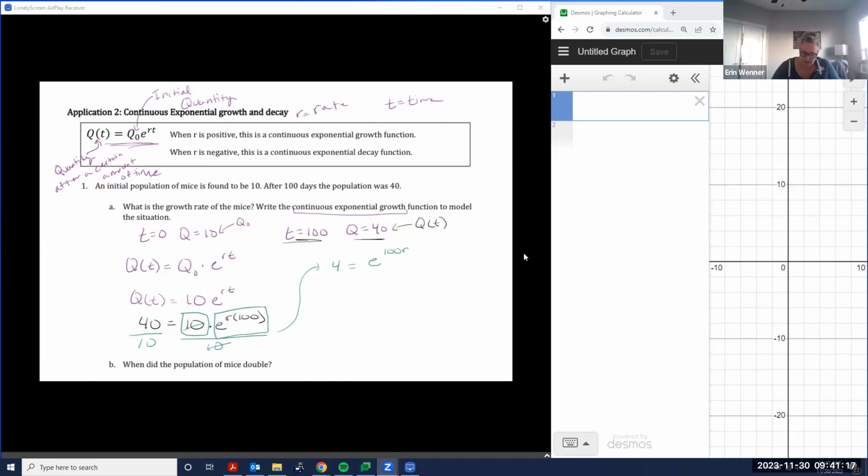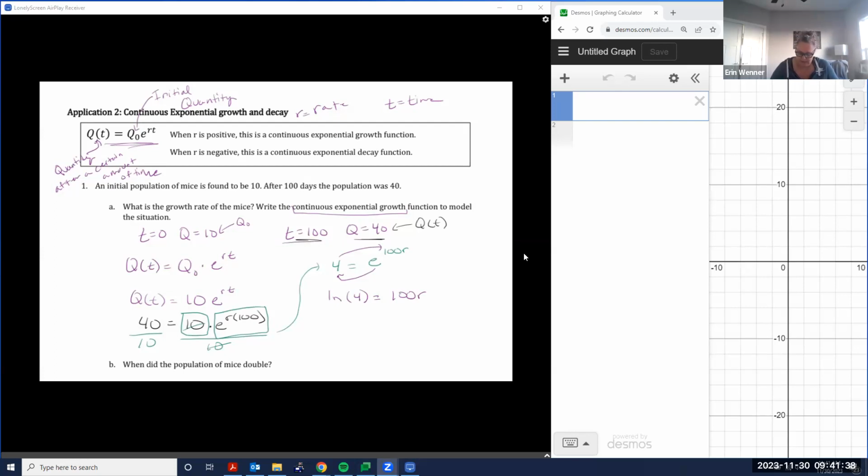Since we have e, we can say the natural log of 4 is equal to 100r, because ln base e of 4 equals 100r, right? That's my method that I can go through here.